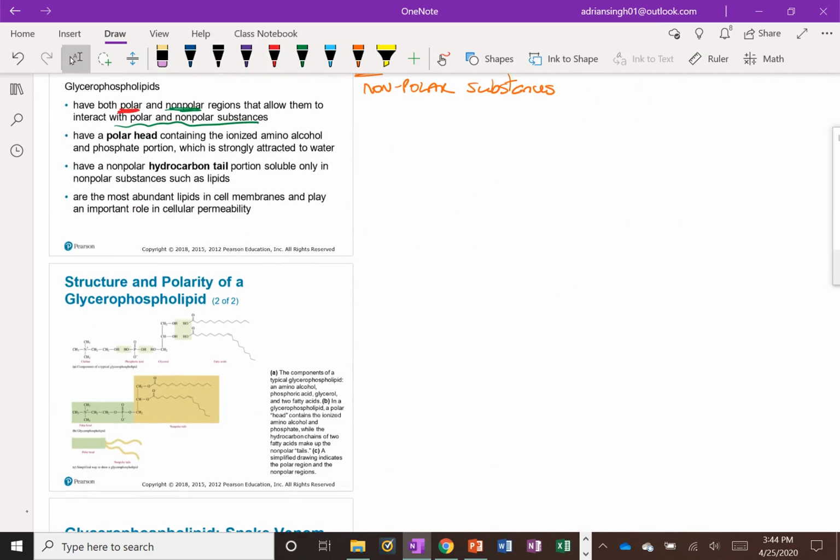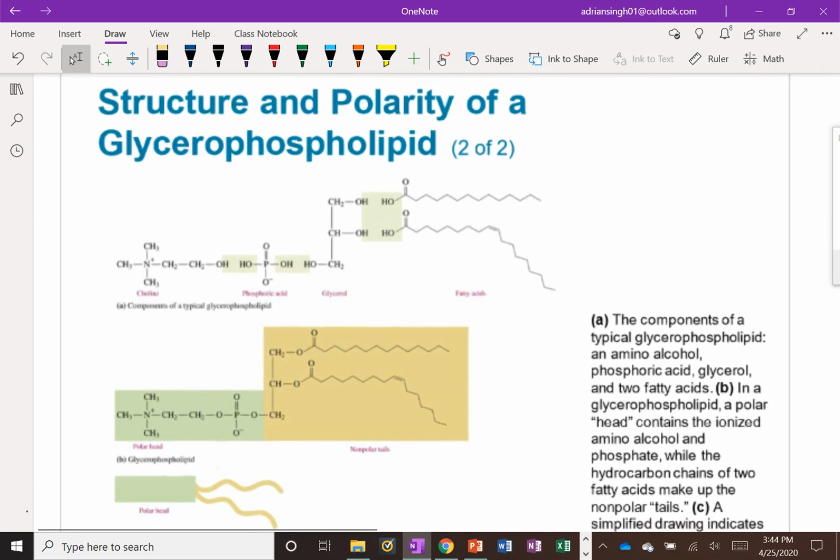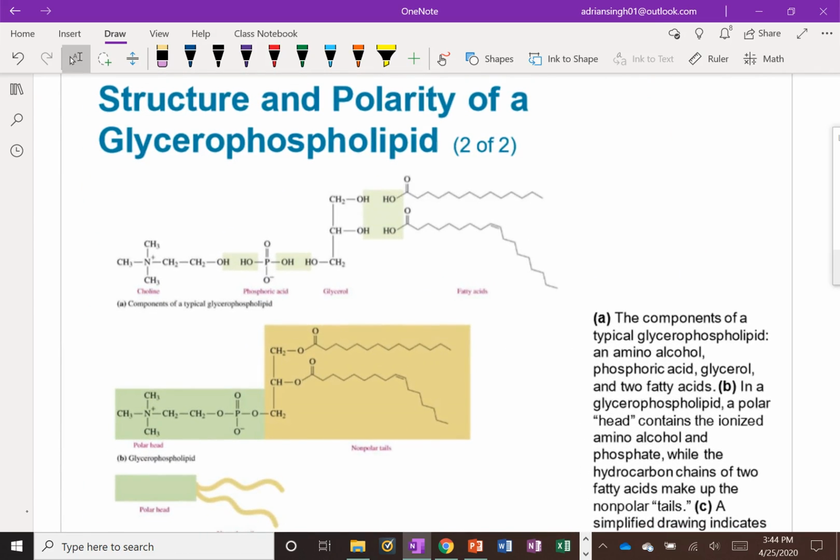So if we were to draw a simplified, well, maybe not so simplified for right now, we'll just take a look at the structures, then we'll simplify it.